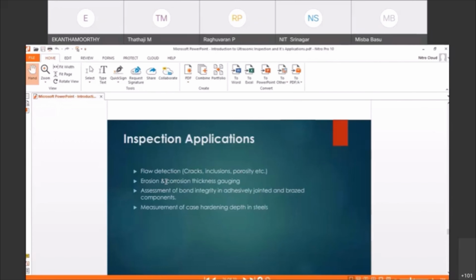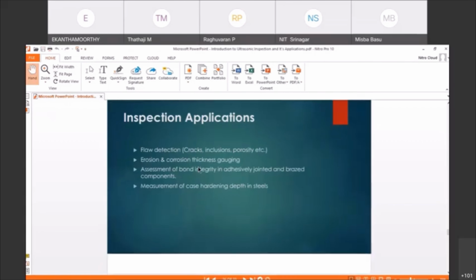We have different techniques we will use, like assessment of bond integrity in adhesive joints, as I discussed, one of our advantageous applications, measurement of case hardening depth, and other applications also, like long range UT, as I told, long range UT.